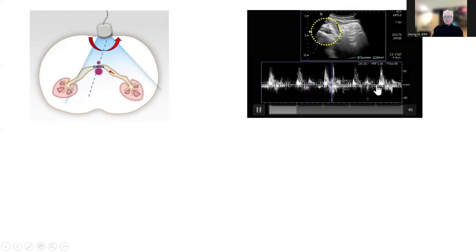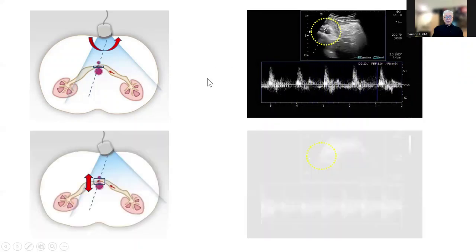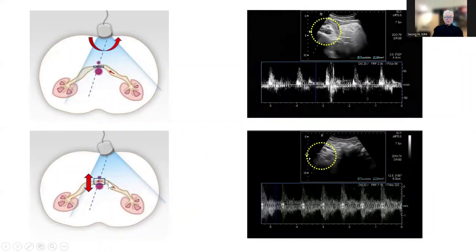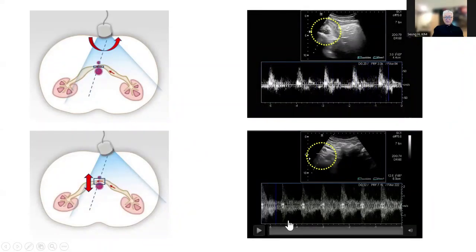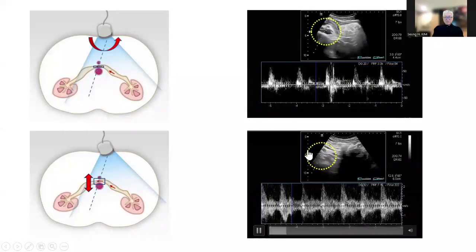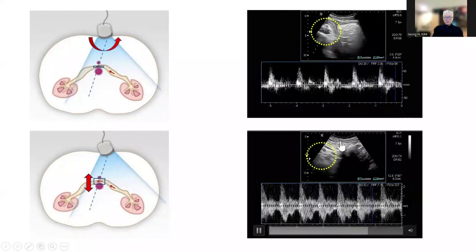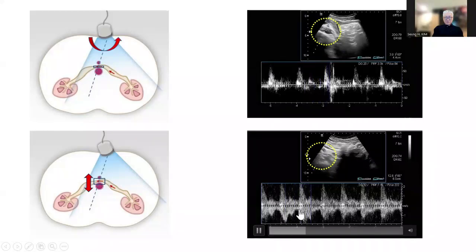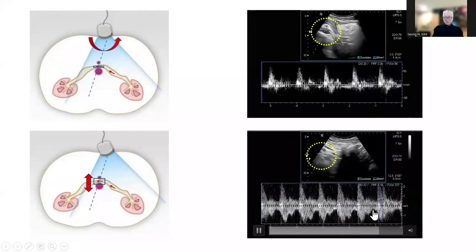But still, we do not get a clear Doppler spectrum because the sample volume is very narrow and the pulsating vessels are here, so it's difficult to get a spectrum from this narrow sample volume. The solution is to widen the sample volume, and then with this we can get a much better venous Doppler spectrum here.